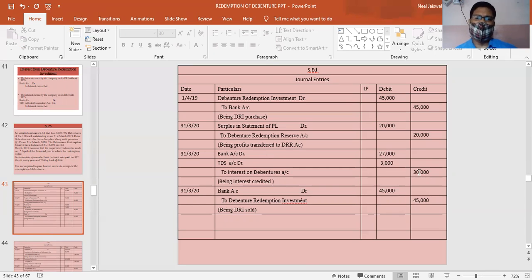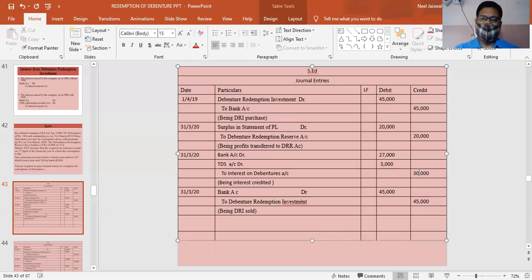We have taken 10%, but I have changed the sum, so it will be 27,000. Why 27,000? Because it was a 9% debenture. And 10% is the TDS, so 10% will be 2,700, students. And the balancing figure is the bank account, that is 24,300. So again, I will be saying this part.